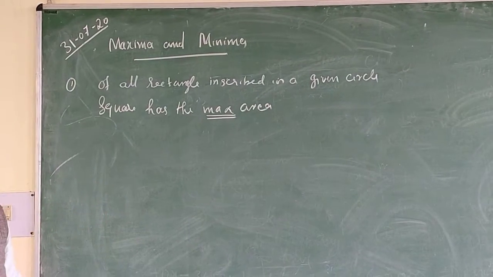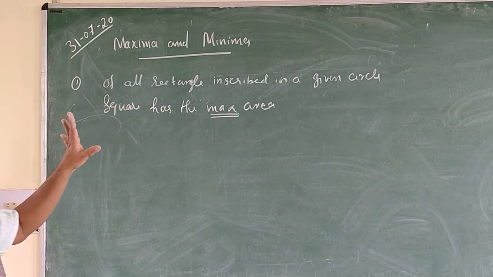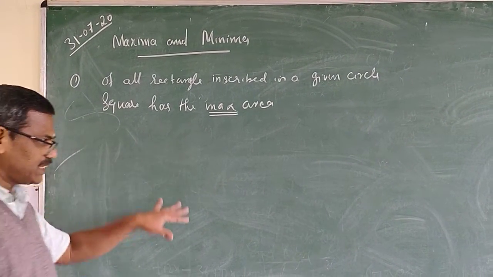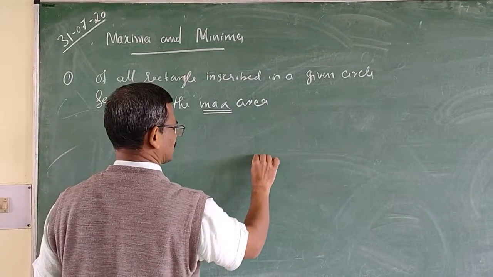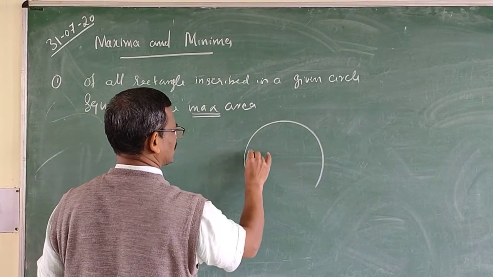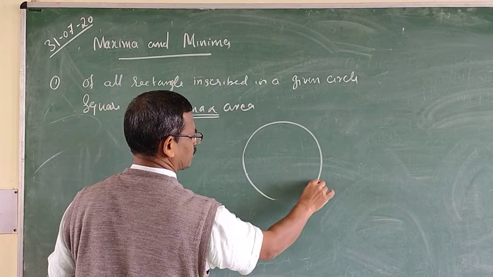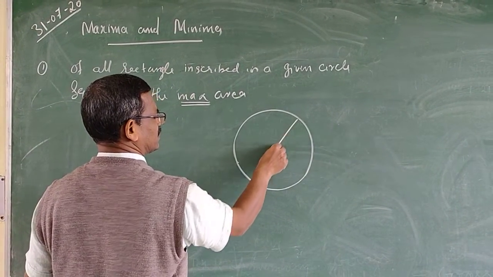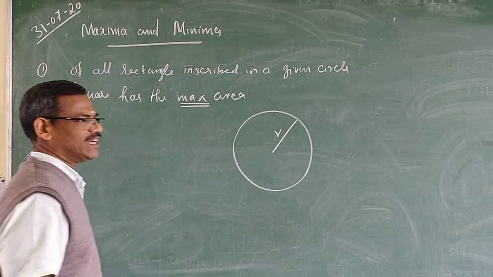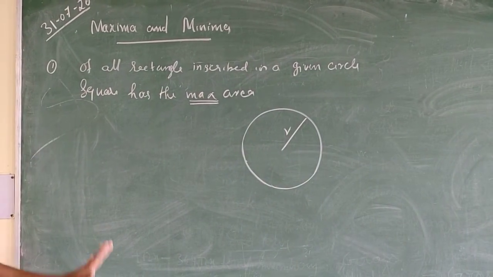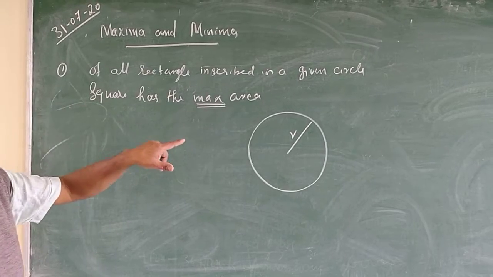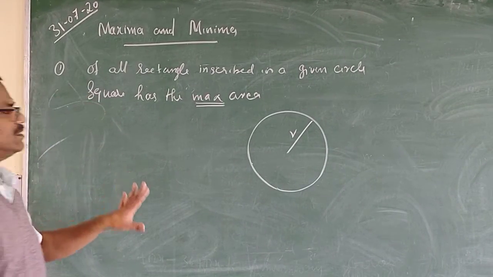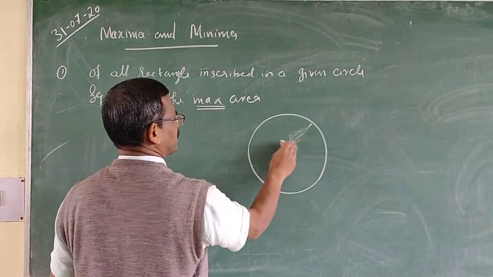So we maximize the area of the rectangle which is inscribed in a given circle. It is a fixed circle, there is no variation for this one. A fixed circle means the radius is given. Let us take r as the radius. We will be inscribing a rectangle. The rectangle can be inscribed in many ways.